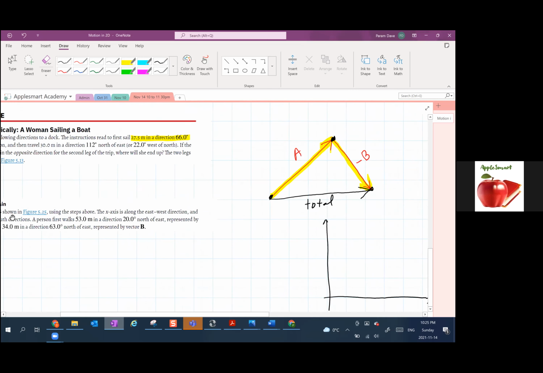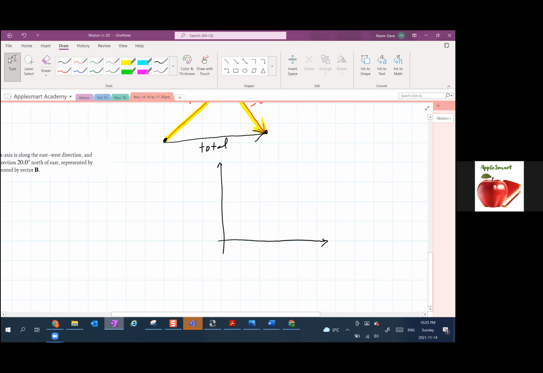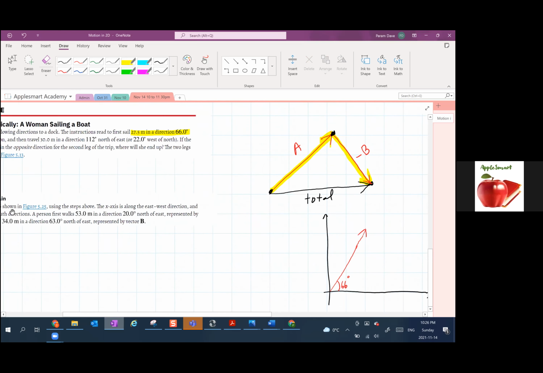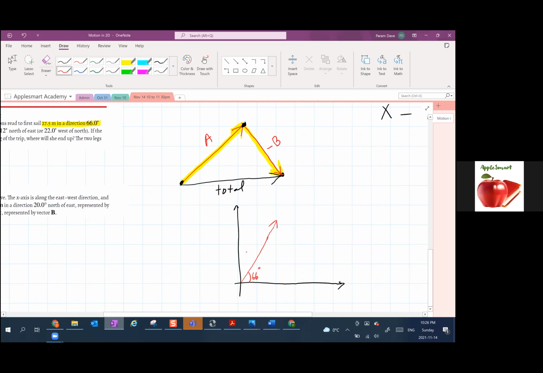So we have to decide some scale. So we'll just do the same one. We'll do 5, 10, 15, 20, 25, and a little bit. Of course, you would be using a ruler so it doesn't look this crooked. And then 66 degrees north of east.